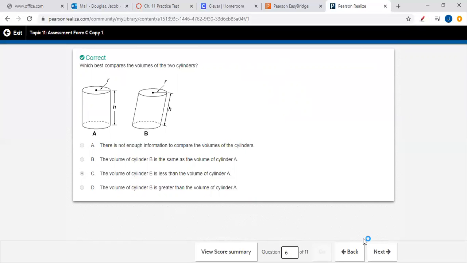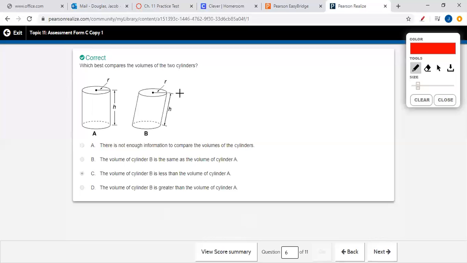But this one is a little unique: the radii are the same for A and B. The height on A is completely vertical, but for shape B, the height is actually slanted.